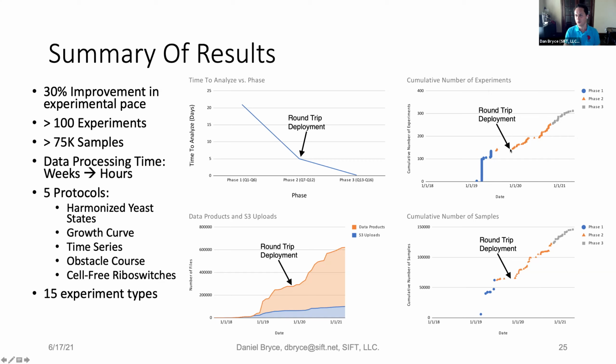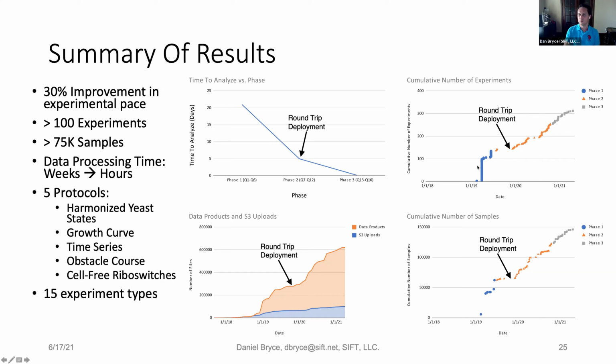I'm indicating the point at which we deployed the round trip to help us with automating experiments. The ST2 program is broken up into 3 phases, which I've indicated by the blue, orange, and gray data points. At the point that we deployed the round trip, we had a bunch of data already produced by other experiments. We had more manual ways of doing this.